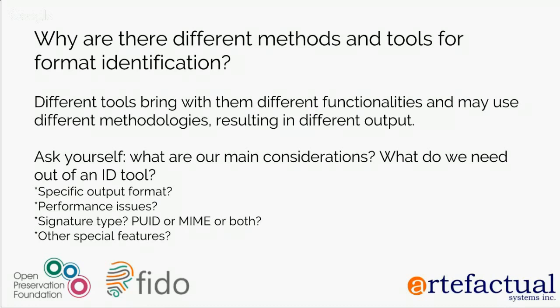I might consider what type of signature I want to match: PRONOM IDs, MIME types, or both, the way Siegfried can now do, or if there are special features, flags or parameters that might be handy for my local workflow and particular needs.